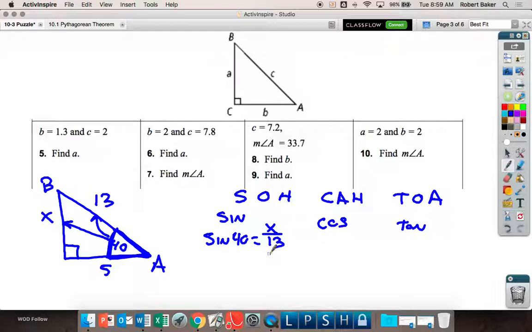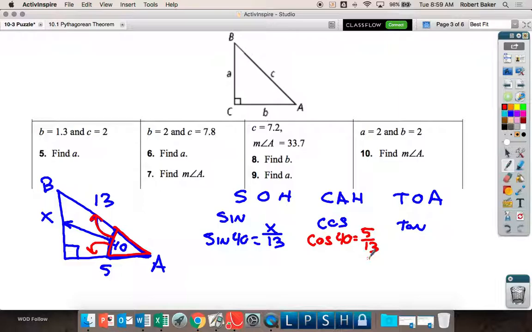Right? Now, cosine of 40 is equal to adjacent over hypotenuse. That was caught another hipster. Cosine is adjacent over hypotenuse.